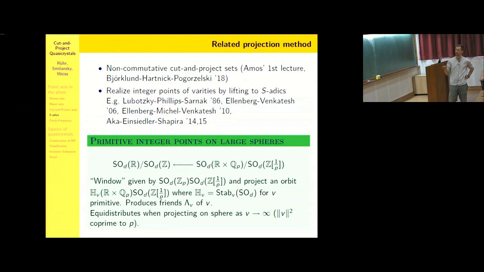And they prove that if you take the point sets, the Gamma v's, as v goes to infinity, and you fix your prime, and the norm squared is not divisible by p, then the point set will equidistribute when projecting onto the unit sphere.